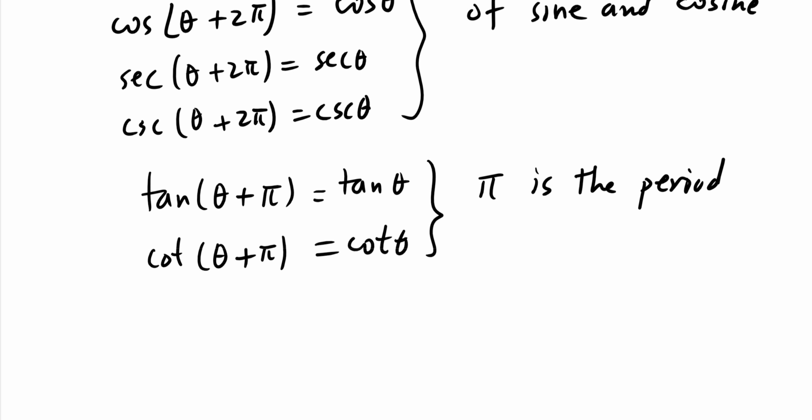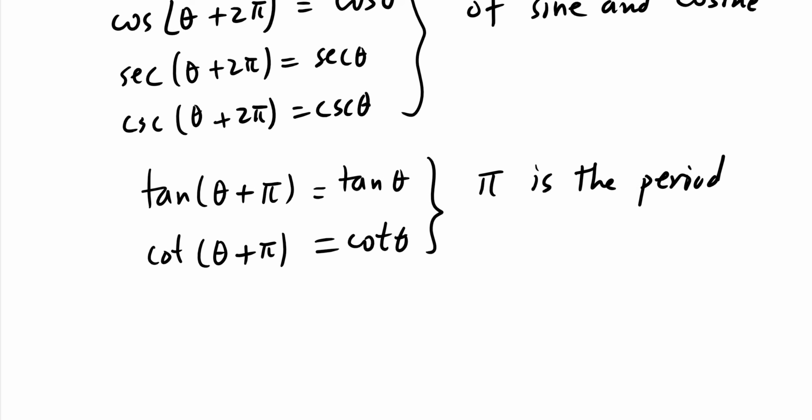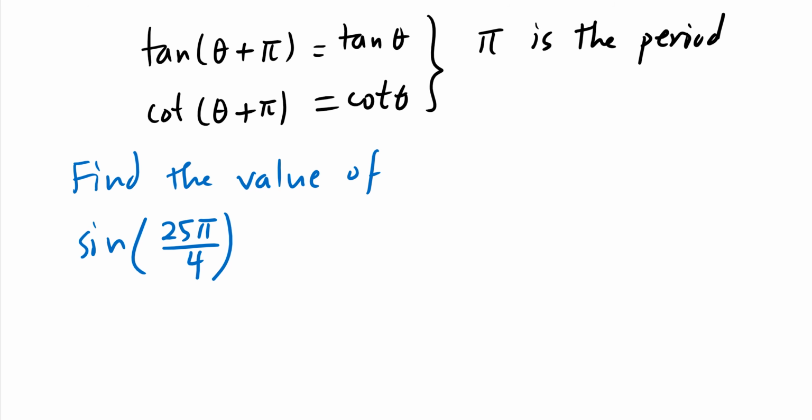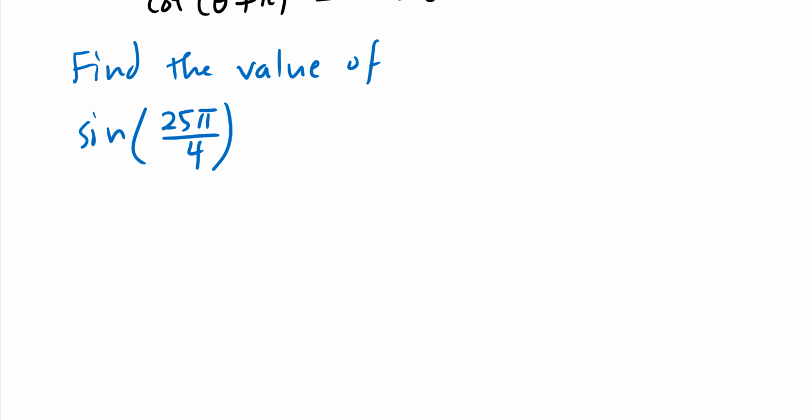The question is, how do we use those? Well, let's say we are asked to find the value of sine 25 pi over 4. If you convert that to degrees, that will be a huge number. Instead, we can do this in a slightly different way, thinking about what is the closest even multiple of 4 to 25.